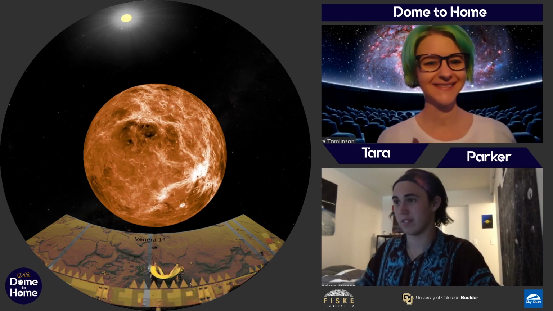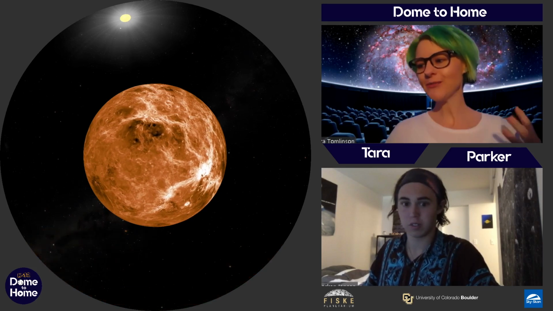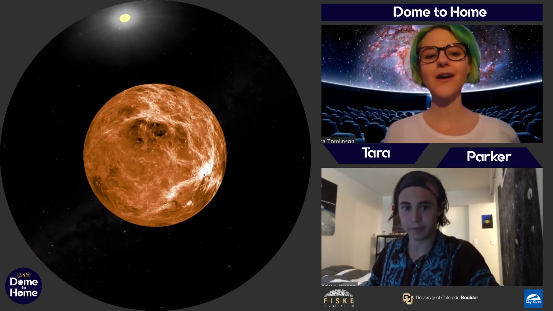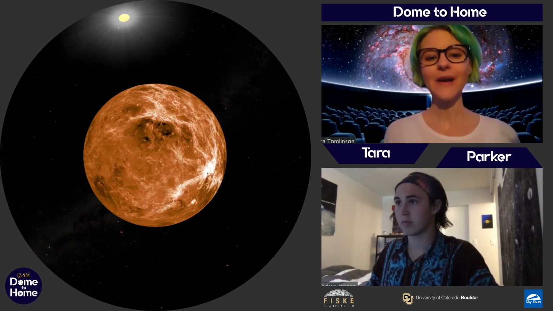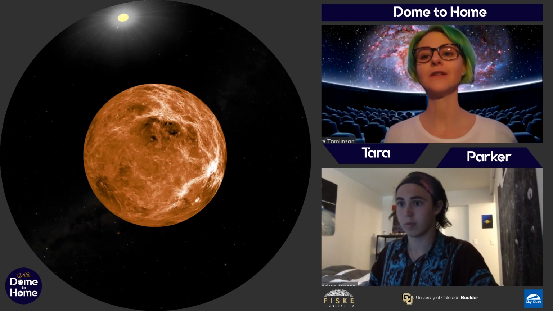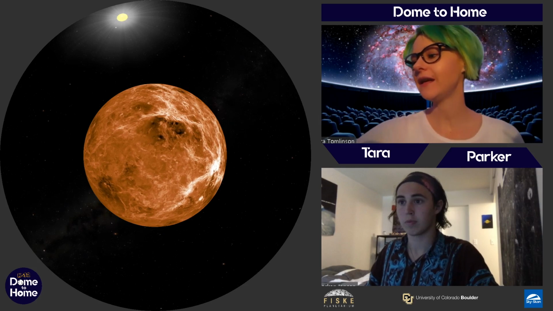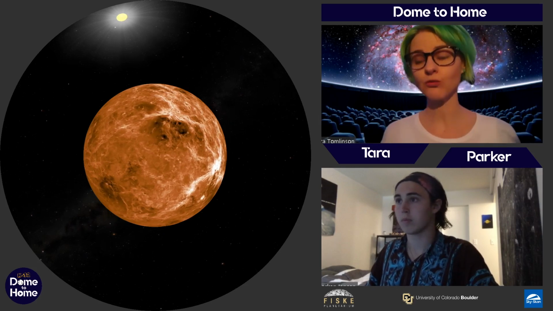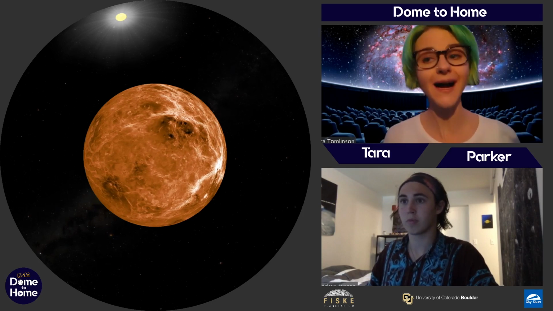We don't know. But we think that all of this carbon dioxide in this super thick atmosphere probably also comes from outgassing, from volcanoes. We have a lot of evidence that says that Venus is maybe still volcanically active. So this picture of Venus that you're seeing here is what it looks like when we look at it in radar. The really bright spots are areas where it's really, really hot.